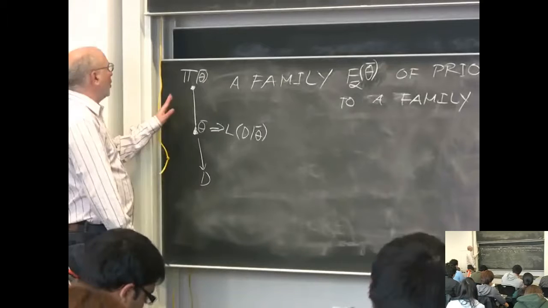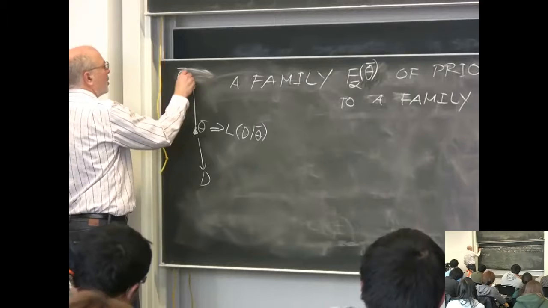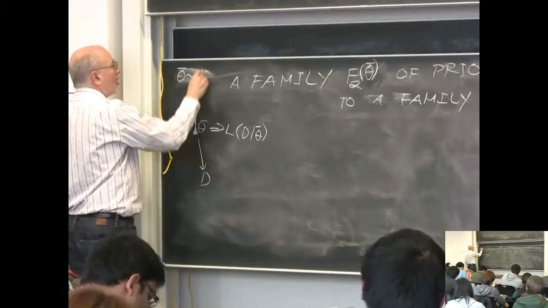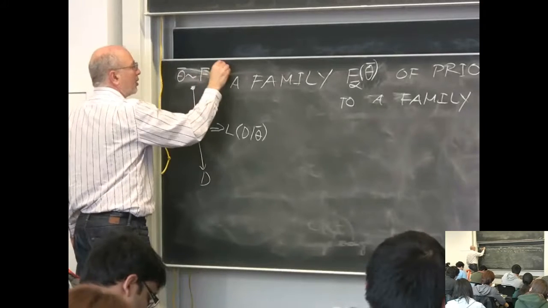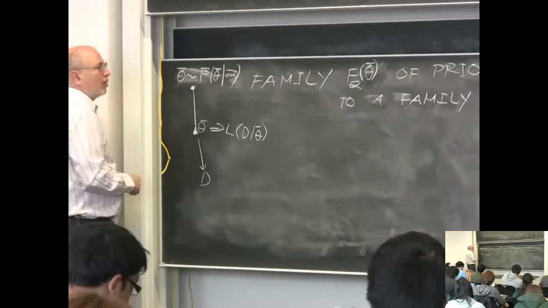Now I could write it like this. Theta is drawn from a distribution over theta that is parameterized by some parameters alpha.